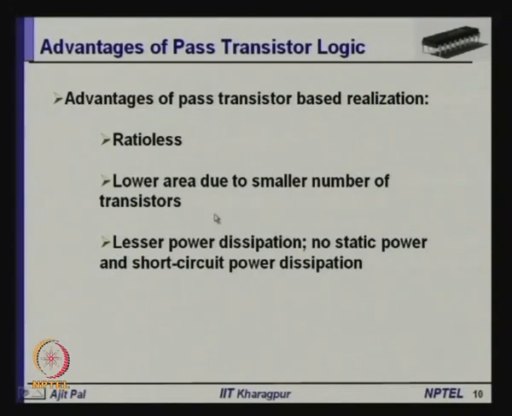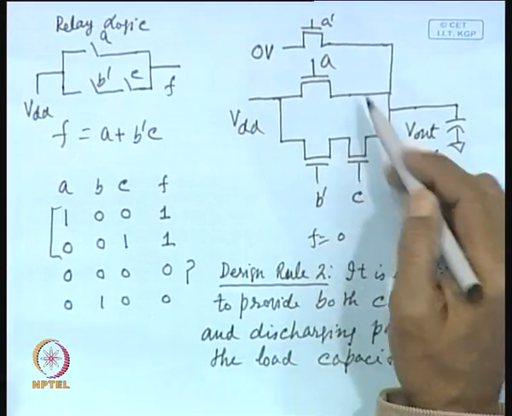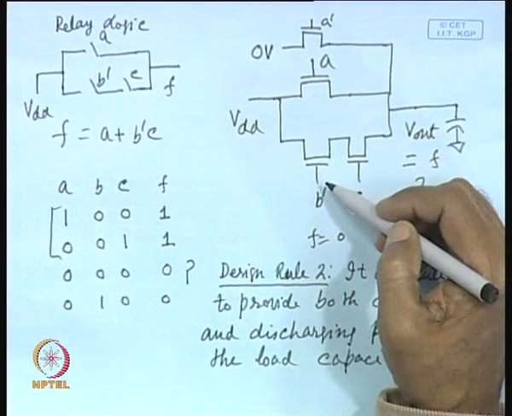But before that, let us look at the advantages and disadvantages. First advantage is ratioless. Why is it ratioless? It is ratioless because the output is not dependent on the size of the NMOS or PMOS transistors.